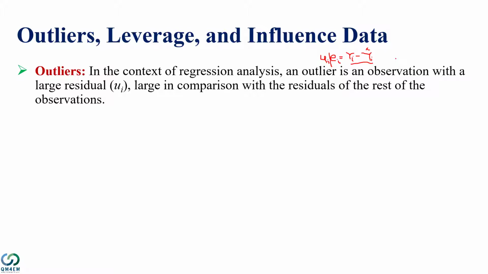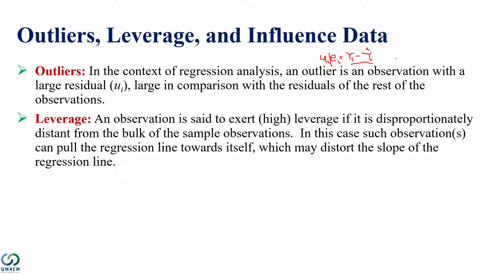Then we have the concept of leverage. An observation is said to be a leverage point if it is disproportionately distant from the bulk of the sample observations. In this case, such observations can pull the regression line toward themselves, which may distort the slope of the regression line. So what does this whole statement mean?